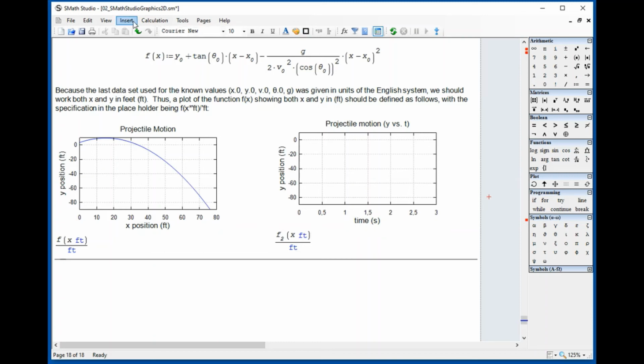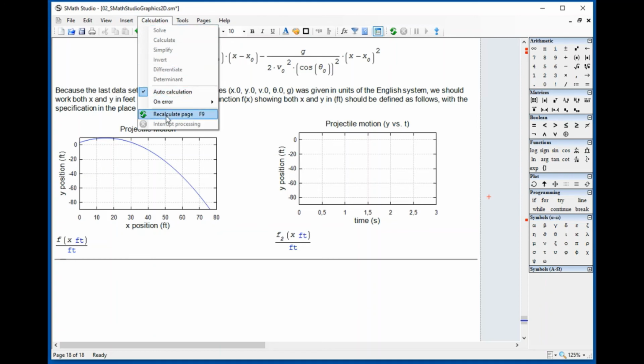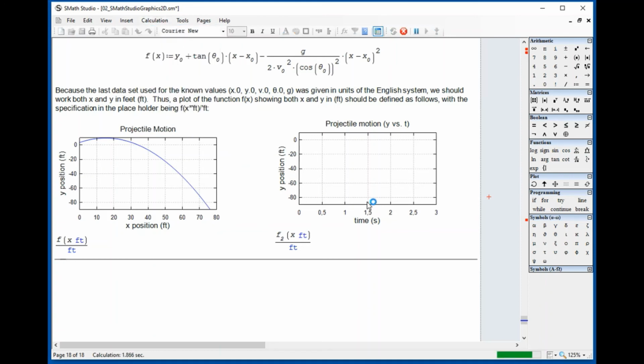I'm going to do a recalculate page in here. Oh, of course. It's F, not F2, so I get this extra 2 here. I'm going to go to the right, delete.